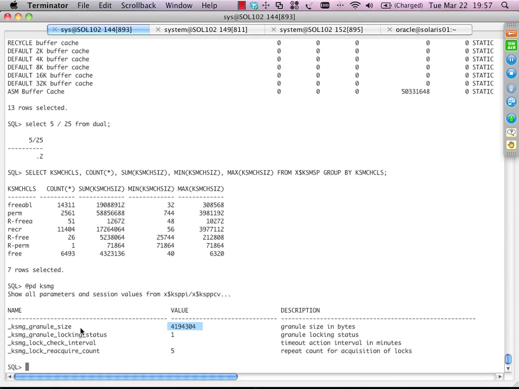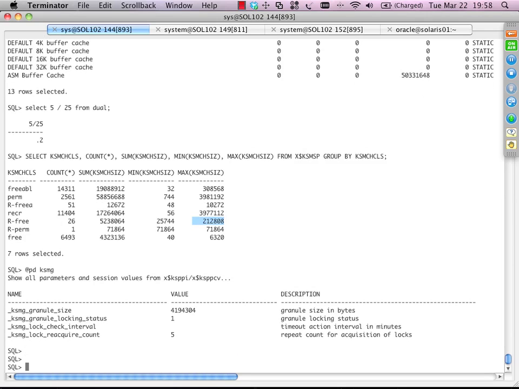In some cases, you might want to even change it bigger. But if the granule size is 16 megabytes, then instead of having 26 chunks which are 200 kilobytes each, you would only have 4 times fewer, something like 6-7 free chunks in this area, and each of them would be 800 kilobytes or something like this.